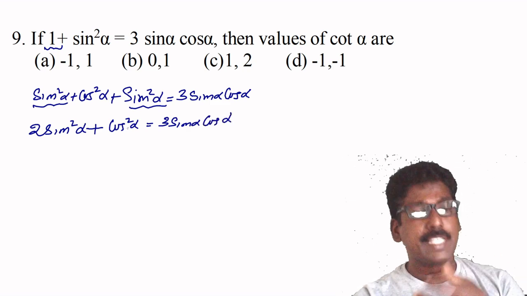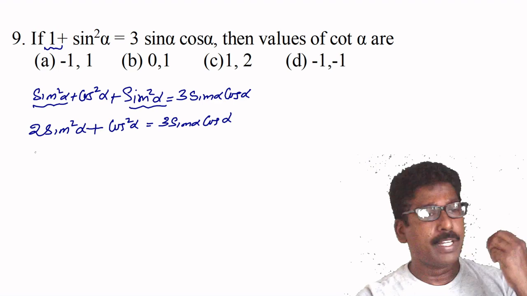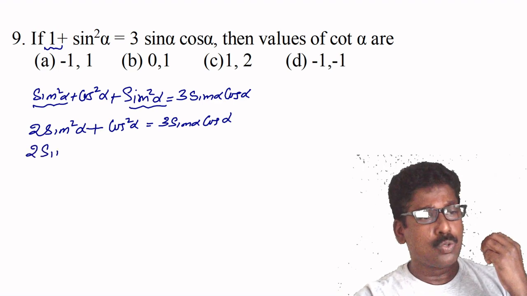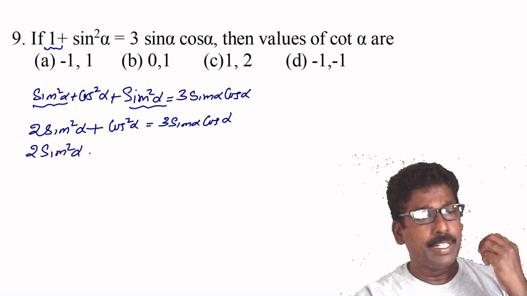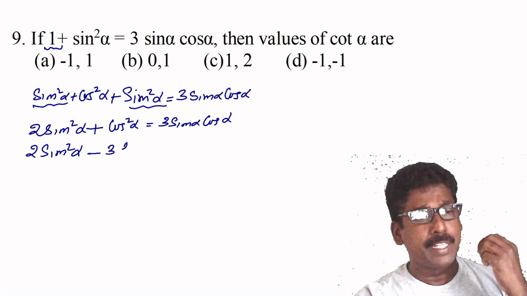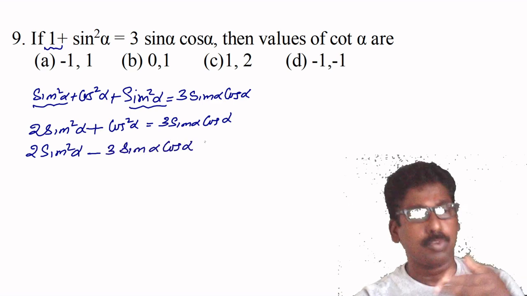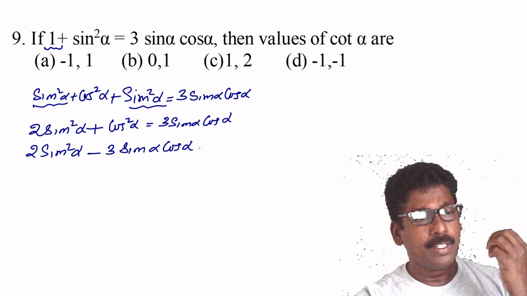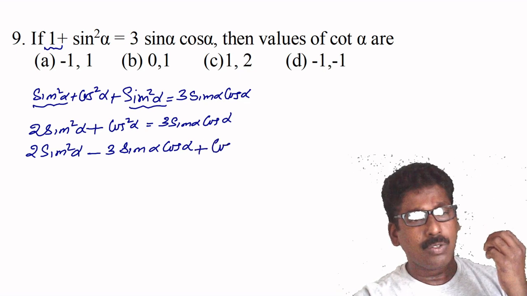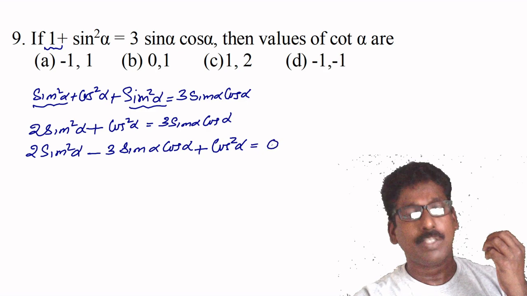Now 3 sin alpha cos alpha you transpose to the LHS, so it is 2 sin square alpha minus 3 sin alpha cos alpha while transposing from RHS to LHS, then plus cos square alpha, you will get it as 0.